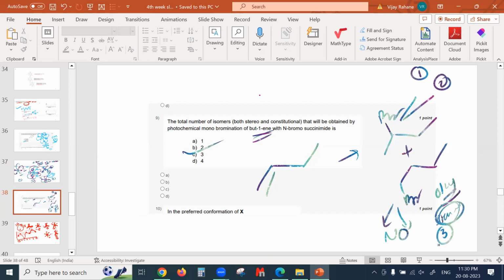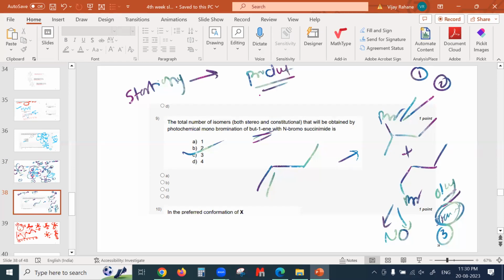Like this, we can do any reaction on any molecule, and you just need to convert the starting material to product. First, always try to convert the starting material to product. Don't look at the stereochemistry at first glance.